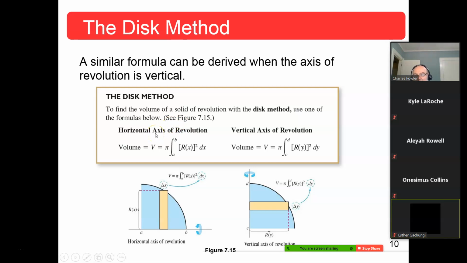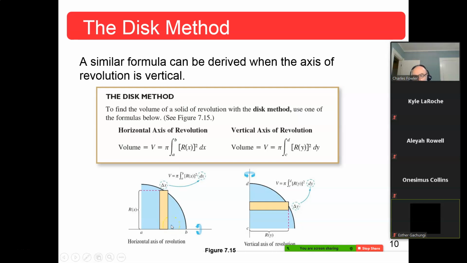If you're doing your delta x, then you get your r as a function of x, because that's your variable of integration, and you want the limits to go from x equals a to x equals b.